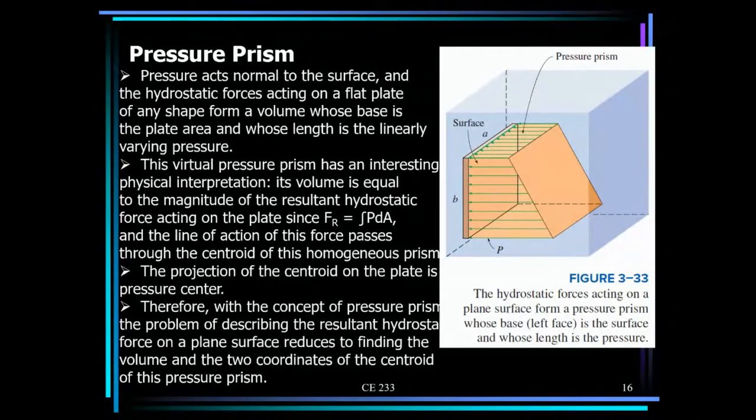In this figure, I want to analyze the hydrostatic forces acting on a plane surface. A plane surface forms a pressure prism whose base is the surface and whose length is the pressure. When you have something immersed in water, let's say AB, the pressure acting will increase with depth.